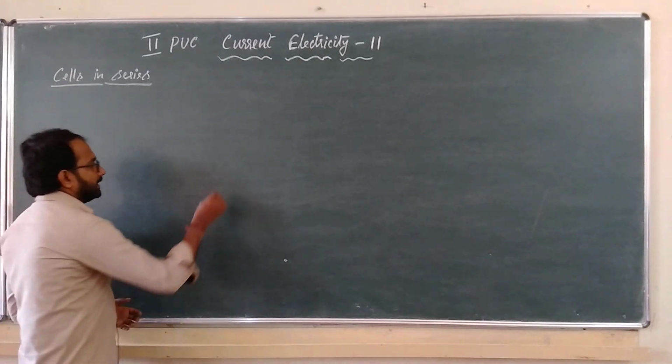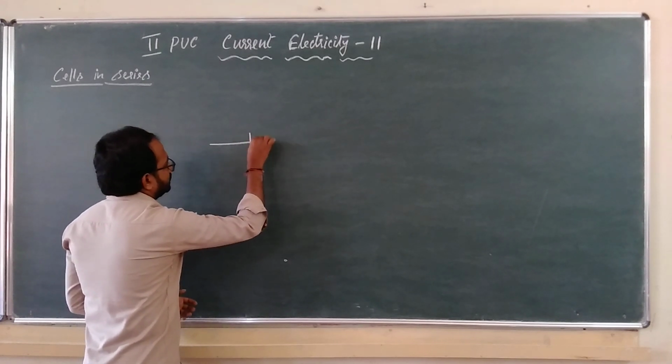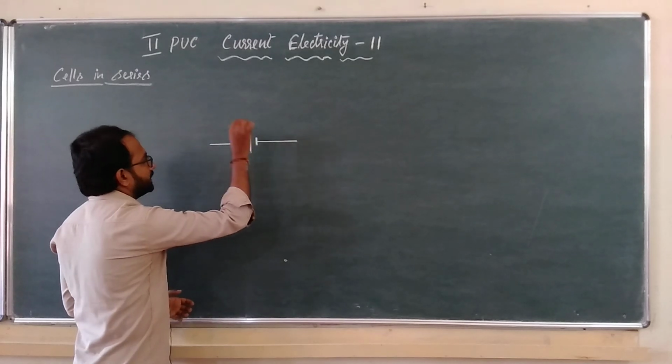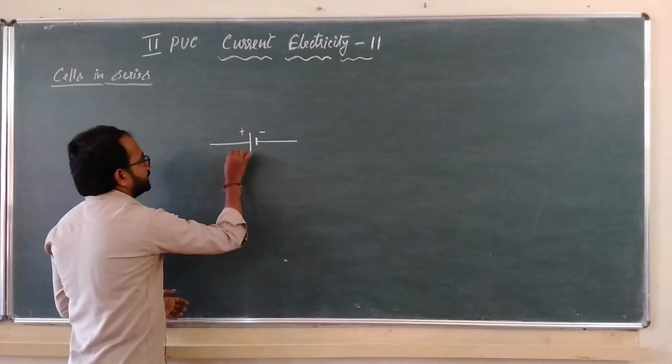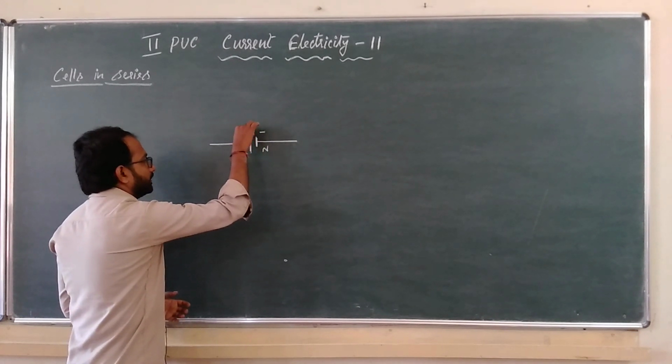See, the symbol of a cell is written like this. This is the positive electrode of the cell, this is the negative electrode of the cell. This is the positive terminal of the cell, this is the negative terminal of the cell.